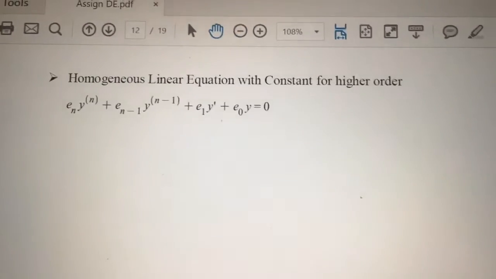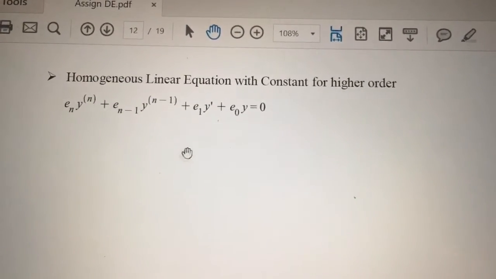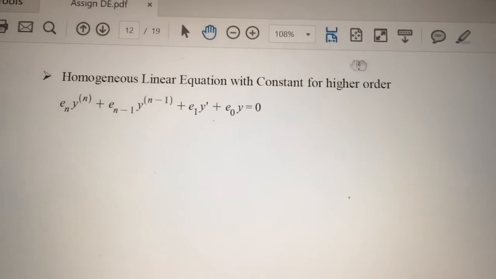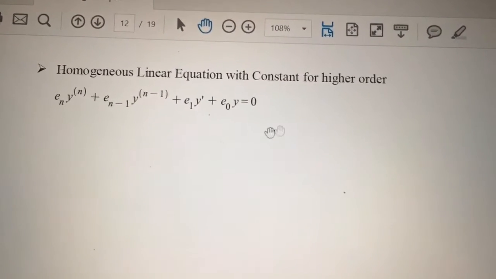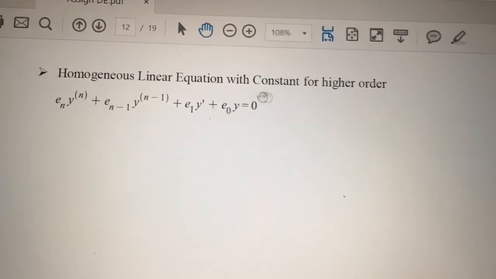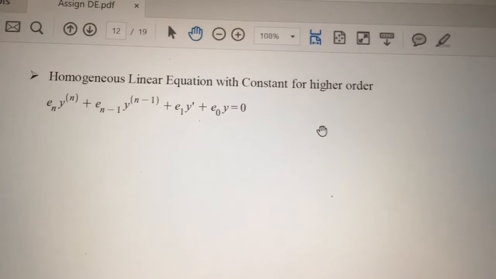Next is the homogeneous linear equation with constant coefficients for higher order, and this is our equation regarding this higher order homogeneous linear equation.